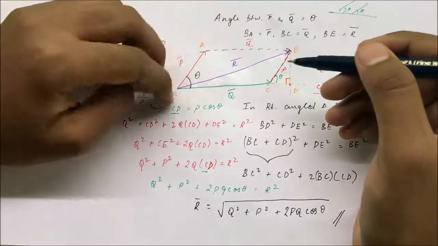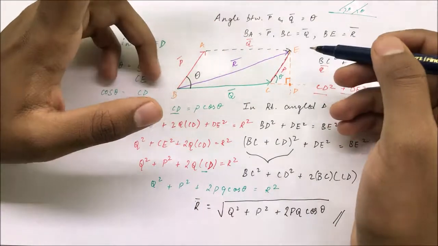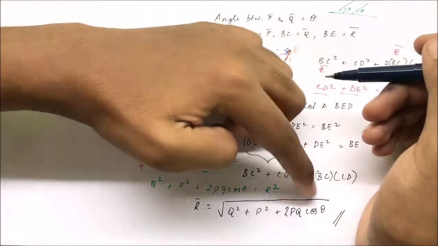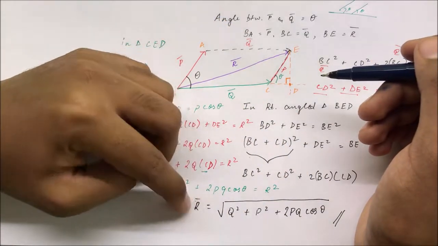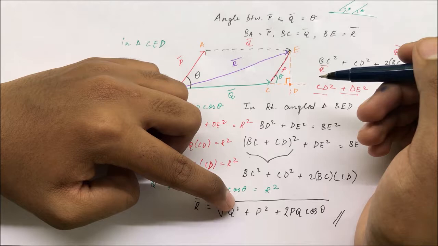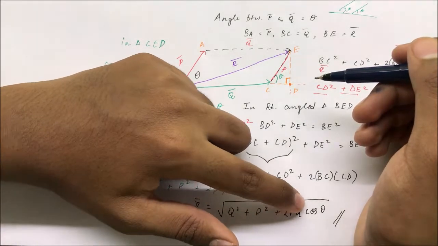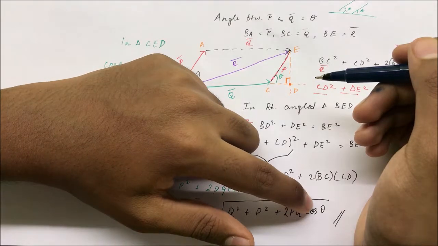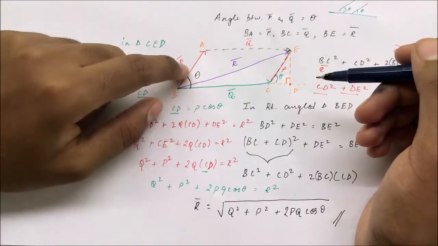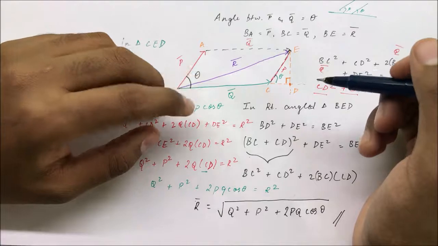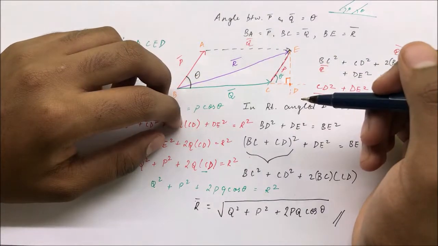Whenever you have two vectors P bar and Q bar and you want to find the resultant using the parallelogram law, this is the derivation you can straight away apply. So R bar is equal to the first vector squared plus the second vector squared plus 2 times the first vector times the second vector times cos of the angle between them, which is theta. So now a very common question arises, correct?